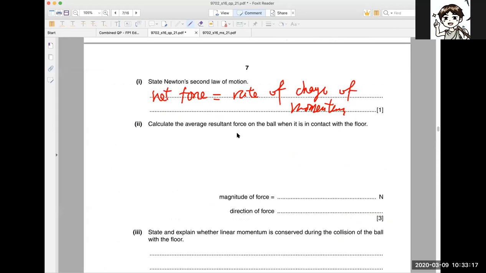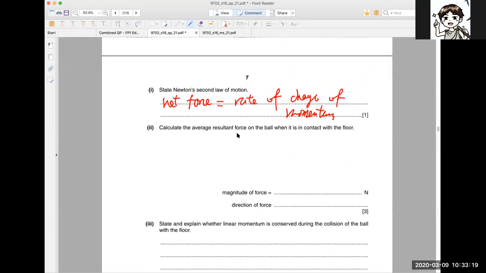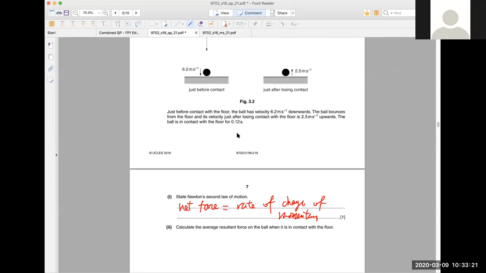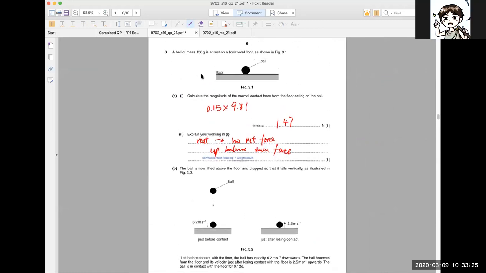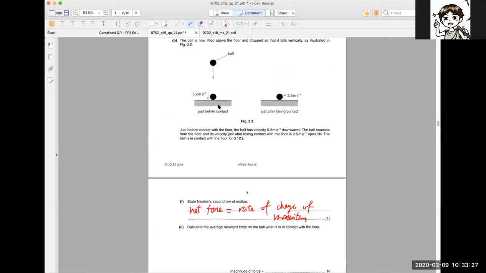So next one, calculate the resultant force in contact with the floor. Maybe you do it by yourself, okay? The mass is 150 gram. What's the time? 1, 2. Given in the question.